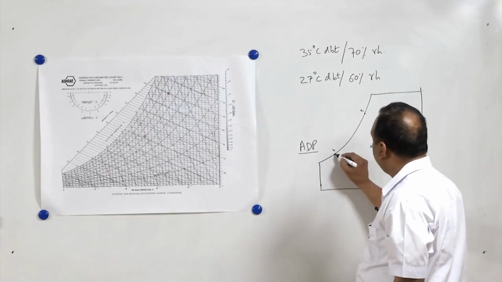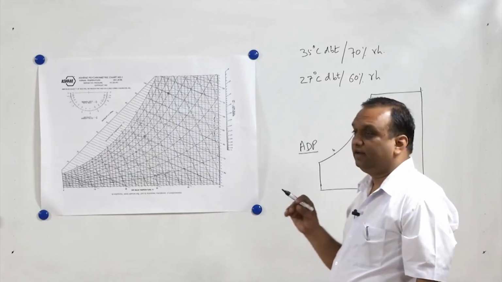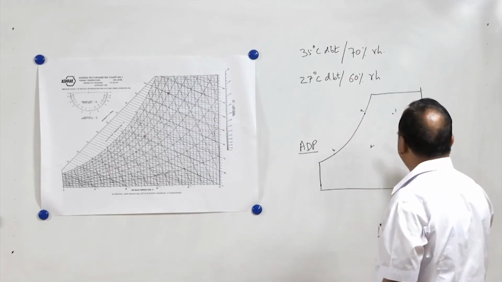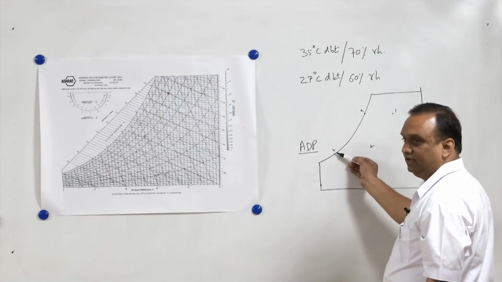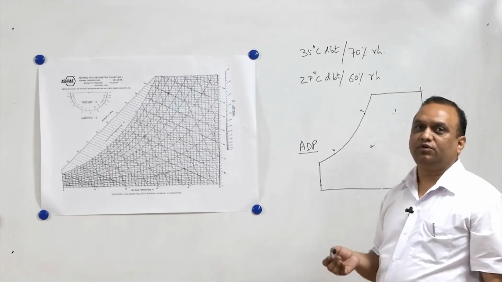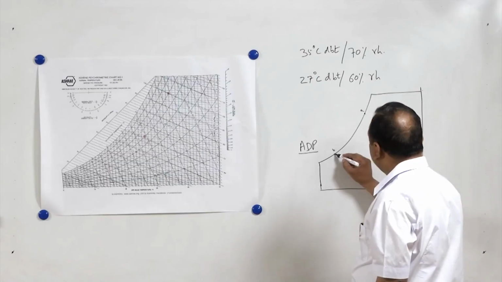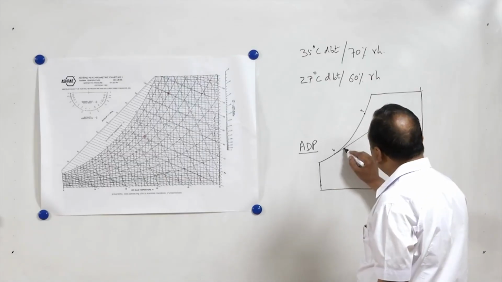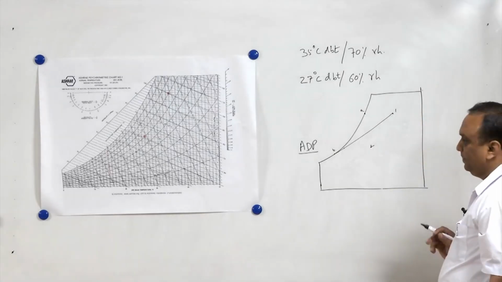That is why when we reach state B, the air is 100% saturated, provided there is no bypass of air. If some bypass of air is there, it means air will be directly mixed with the saturated air, and it will no longer remain saturated. That is why when we join these two lines, if bypass factor is there, you will see that the air is not saturated.